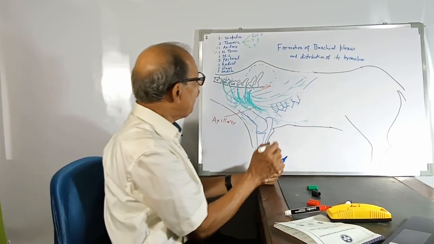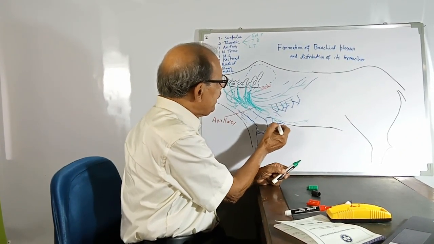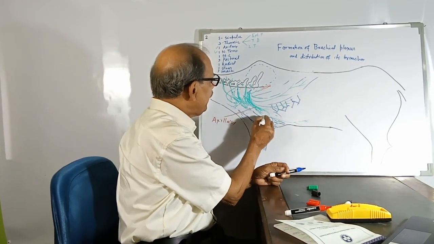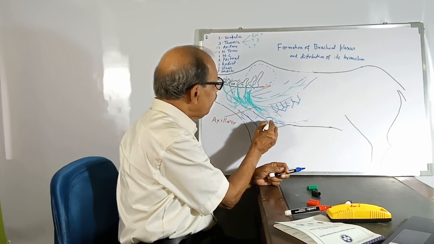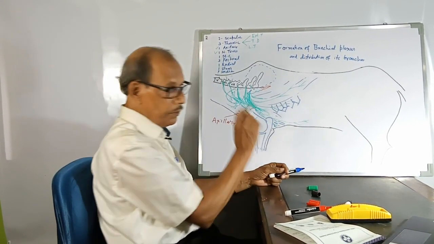Now a number of nerves which are destined to the pectoral muscles over here, they are 3 to 4 in number. They will go down and will be distributed to the pectoral muscles.